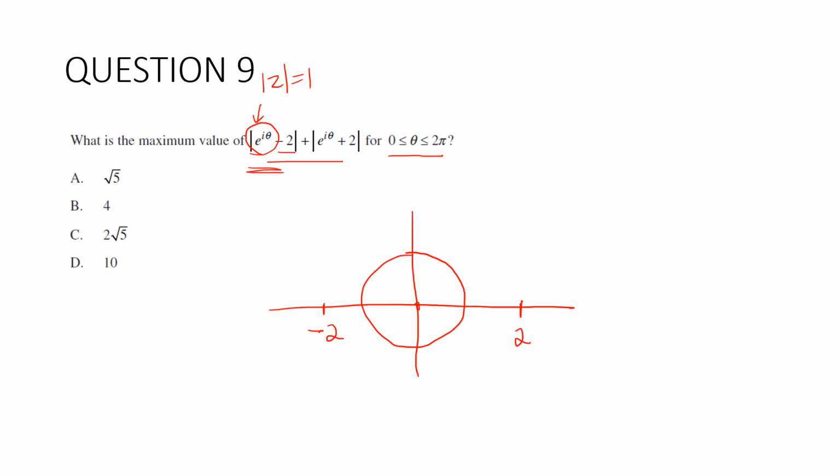And this part here means the distance that z is from 2, and this one means the distance that z is from negative 2. So the maximum that could be, like if you think about it, z could be here, it could be here, here. It's either going to be at that point there or that point there. And so we want to know this length here plus this length here. That's 2, that's 1. So this is root 5, and this is root 5. Maximum distance is 2 root 5. The answer is C.